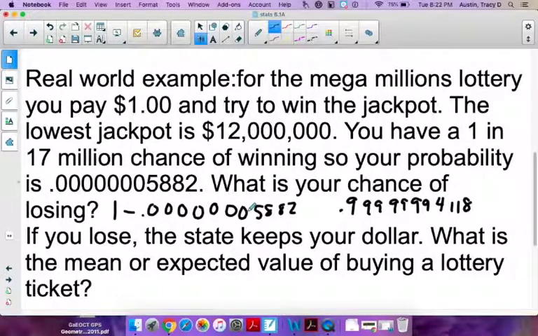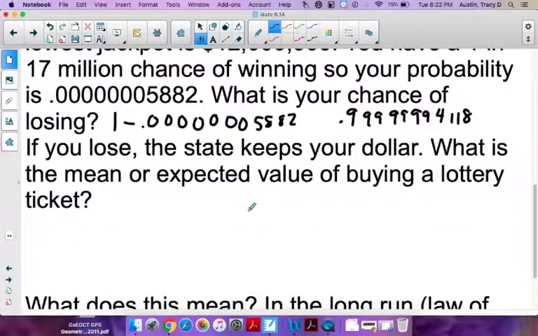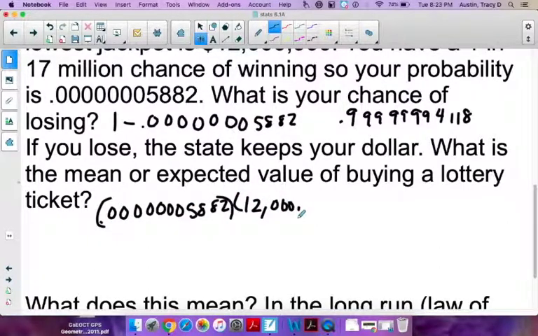If you lose, the state keeps your money. If you win, you obviously get the $12 million. So we're going to find the expected value. Probability of winning is 0.0000005882, or 1 in 17 million basically. If you win, you get 12 million.